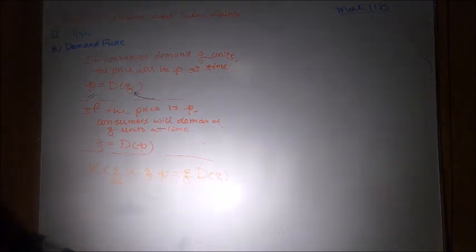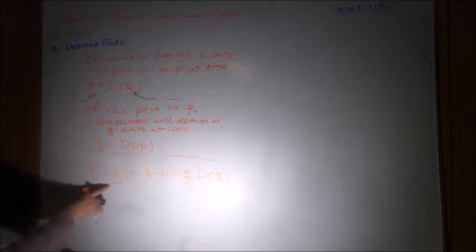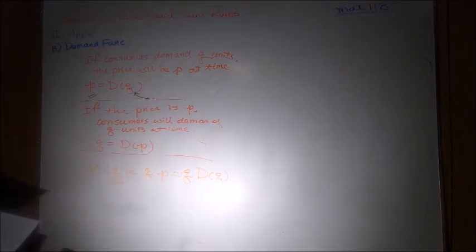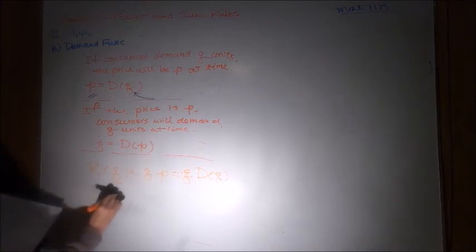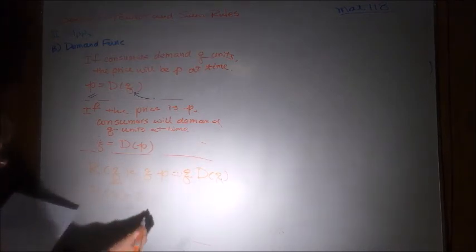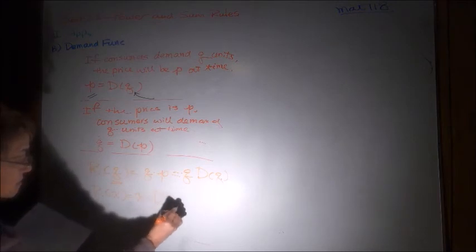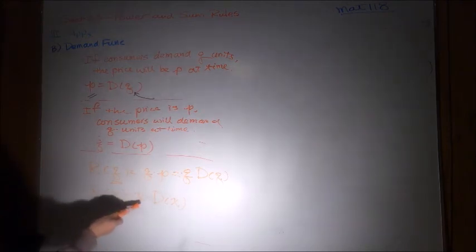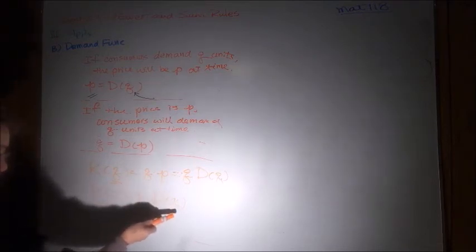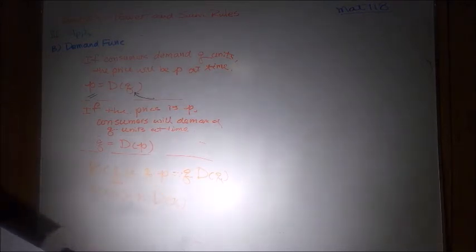A little bit abstract right now, okay? So that's the revenue according to quantity sold. And the total revenue, if we write it with X, would be X times D of X. Same thing, quantity times demand. So if you use quantity as your variable, your demand of quantity will be your price.